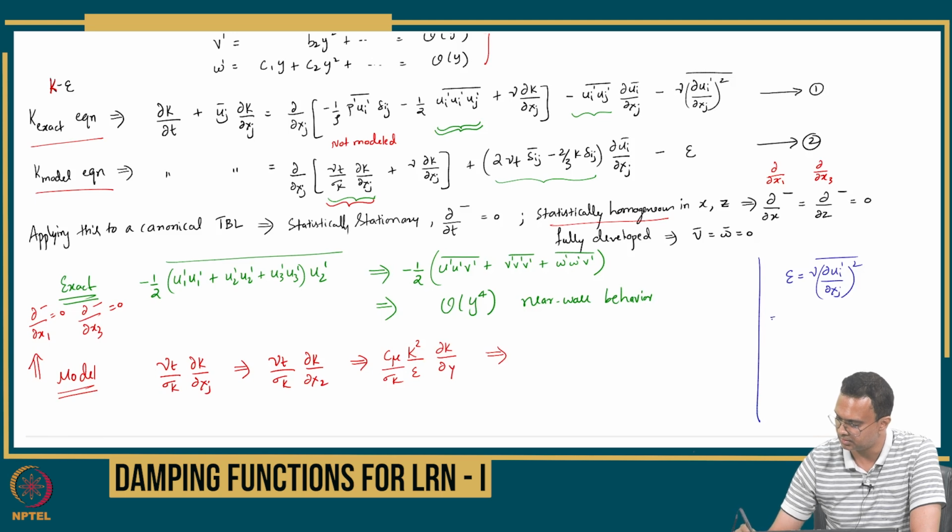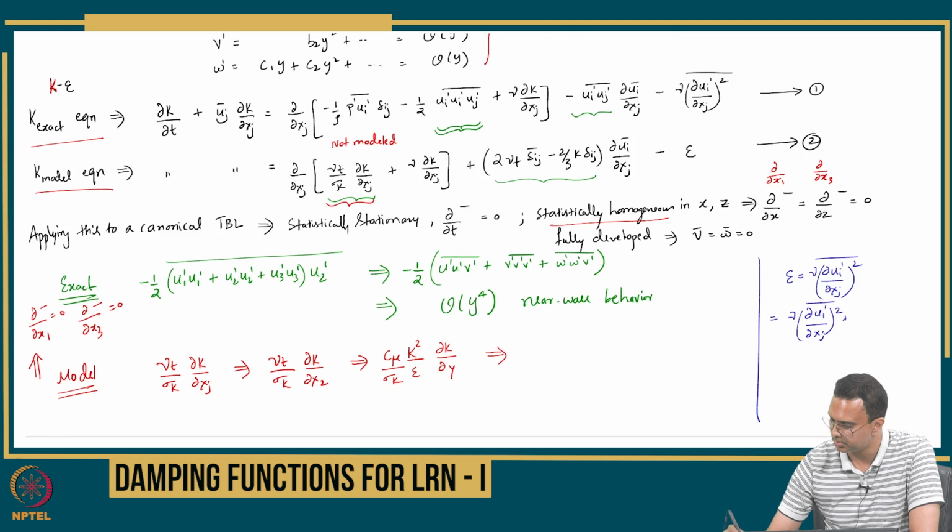So this is of course the sum of all the terms. If I expand it first, I would get, let's say, nu dou u1 prime by dou xj whole square, plus nu dou u2 prime by dou xj whole square, plus nu dou u3 prime by dou xj whole square, average.